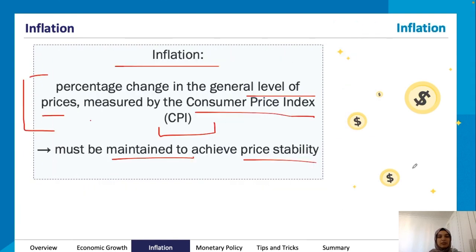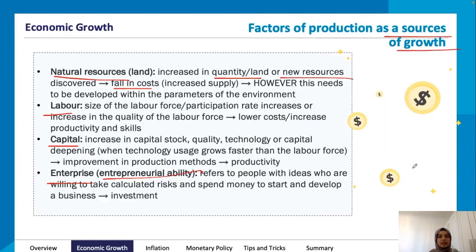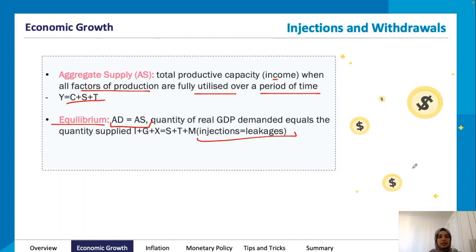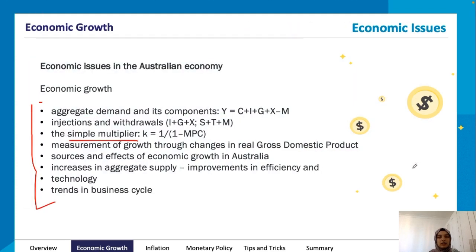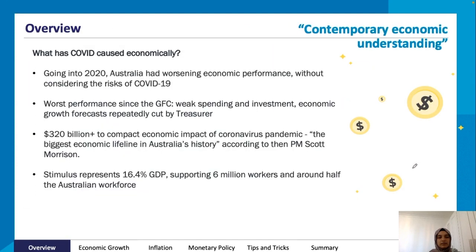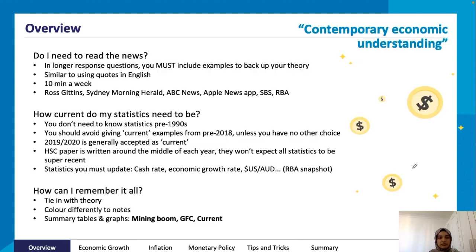If I go right back to the start, bear with me a sec. You need to know the cash rate. You need to be able to understand all of these things.